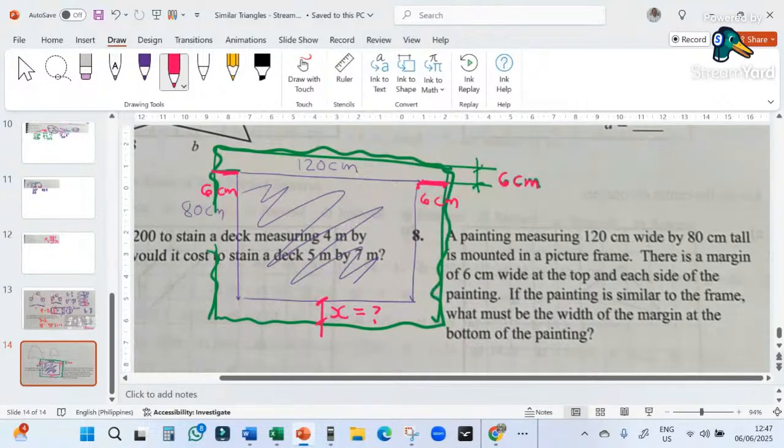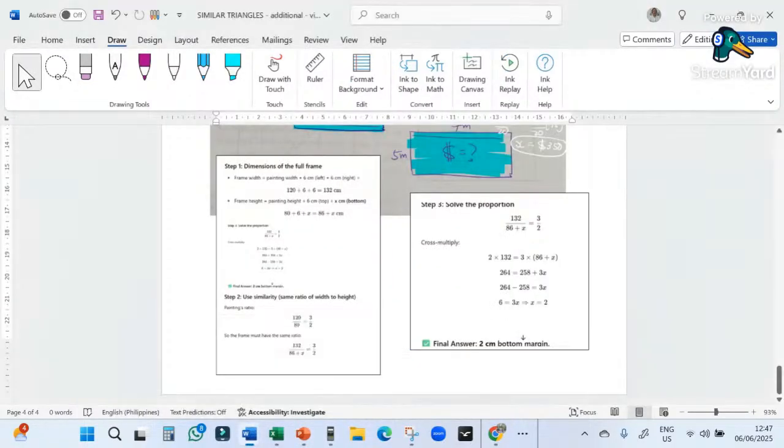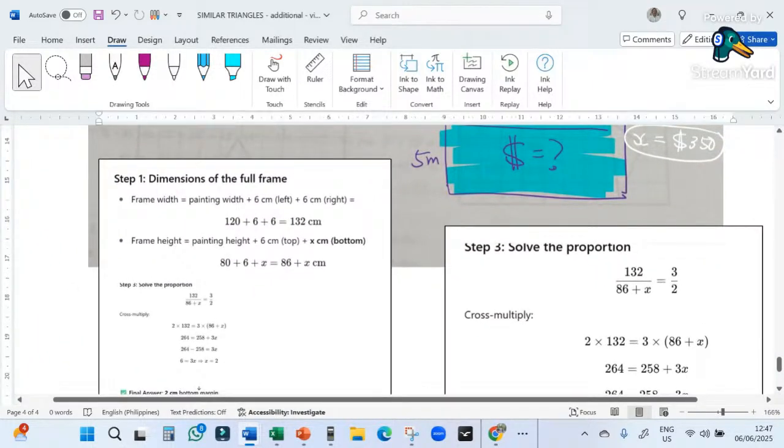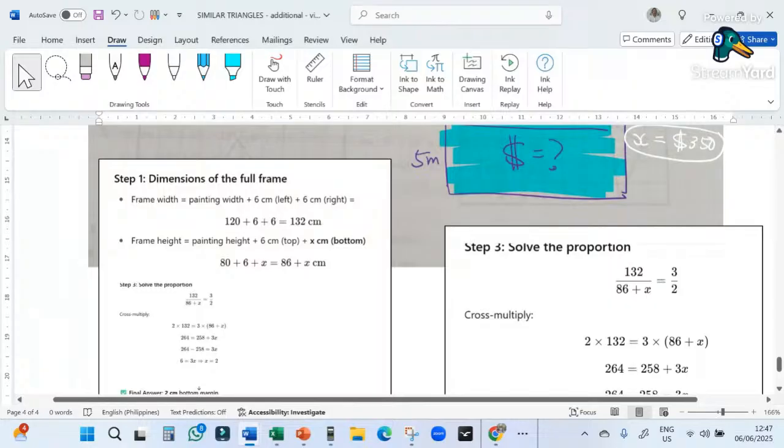So that's how we're going to picture it. Okay, here's the solution. We're going to add 120 on each side, plus 6, I should say. We have to add 6 on both sides.